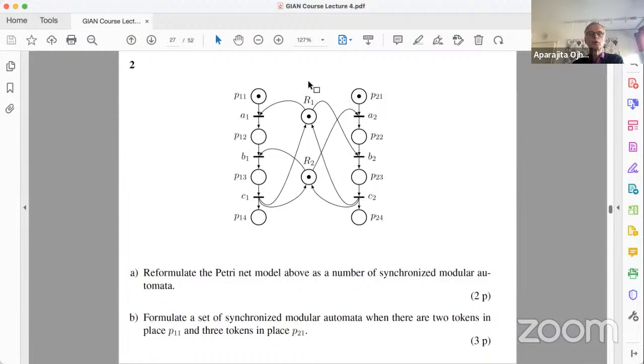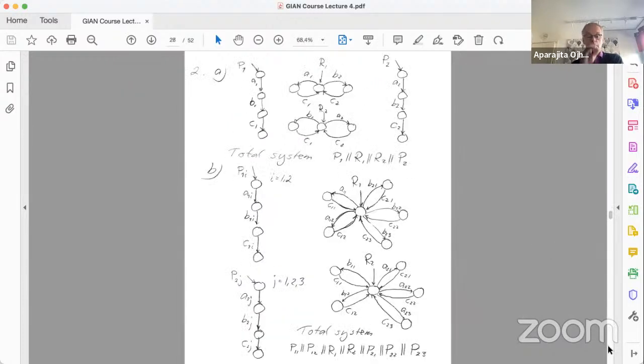Okay, so yes, it's the question of the number of tokens in the initial places. So 2 tokens in this and 3 tokens in P22. Let's see how that can be done. So you could say that this is a modeling problem.